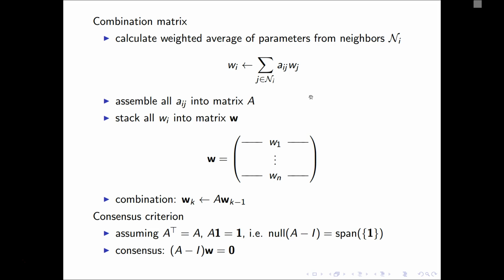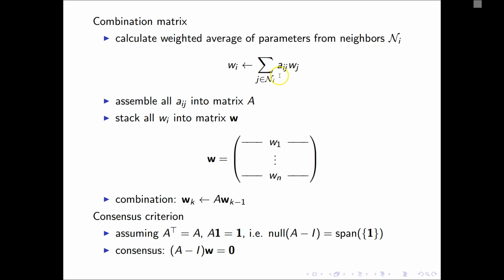First, let's talk a little bit more about math, how we formulate the algorithm. There's something called the combination matrix. In our algorithm, at each communication step, we calculate the weighted average of parameters gathered from your neighbors. So in this case, Wi will get the sum of Aij times Wj.